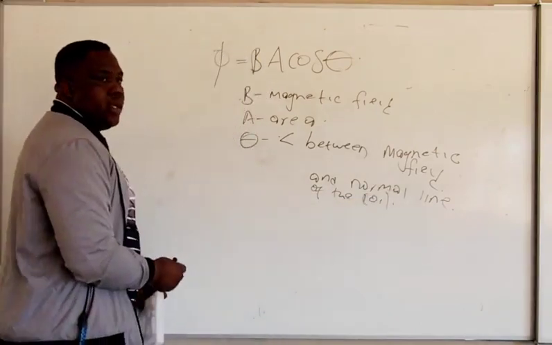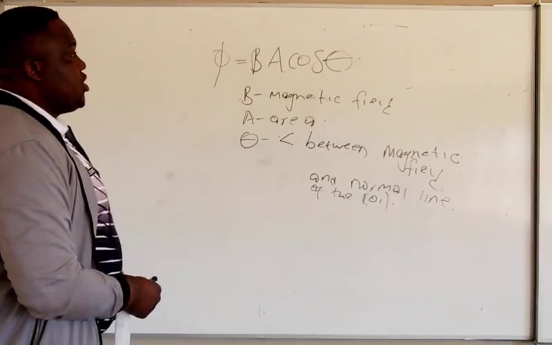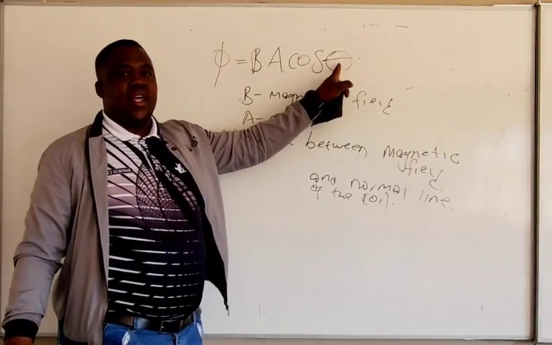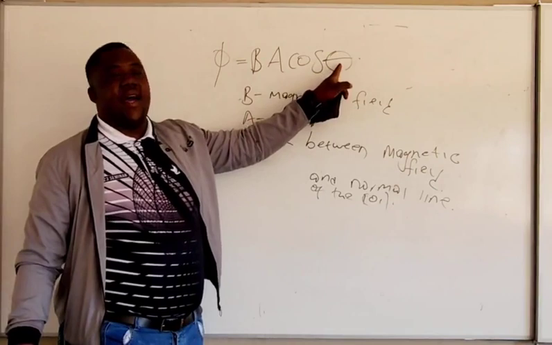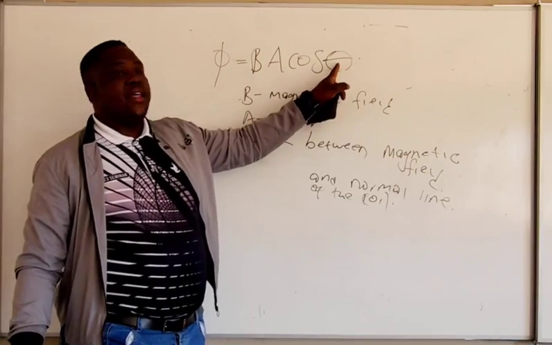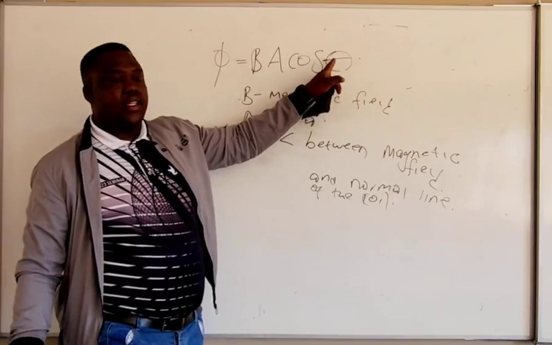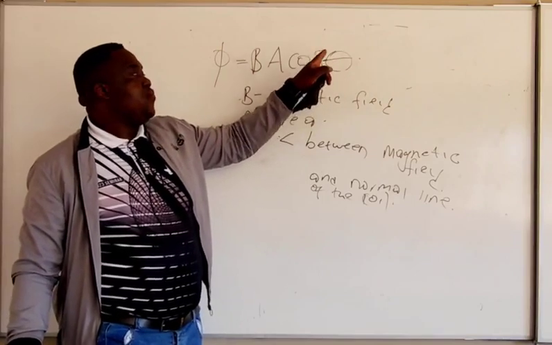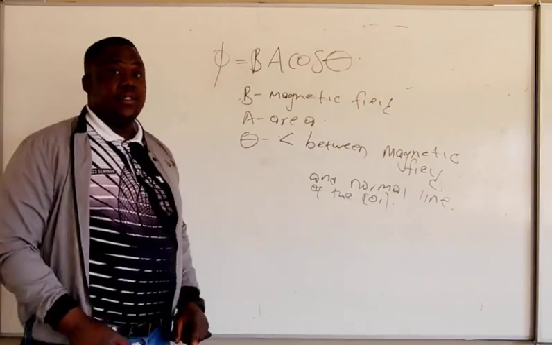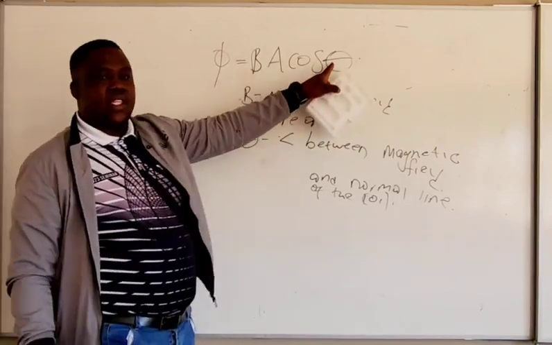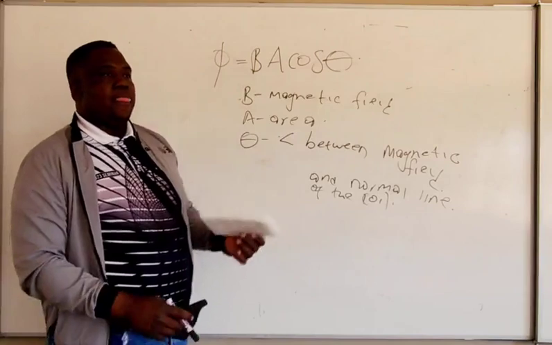I'll call it a coil. So we'll be focusing much on this theta. Theta is the angle between the normal line and the magnetic field.